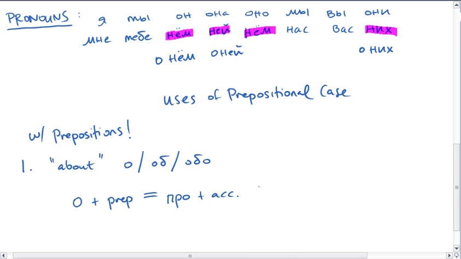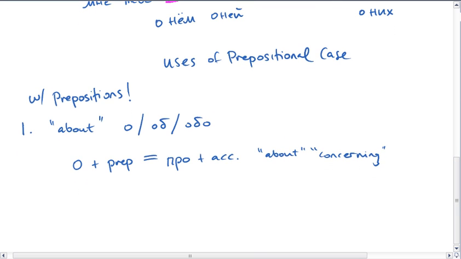So meaning about or concerning so-and-so or such and such. So when do we use o, when do we use ob, and when do we use obo? So we use o all of the time, except for when we use ob and obo.